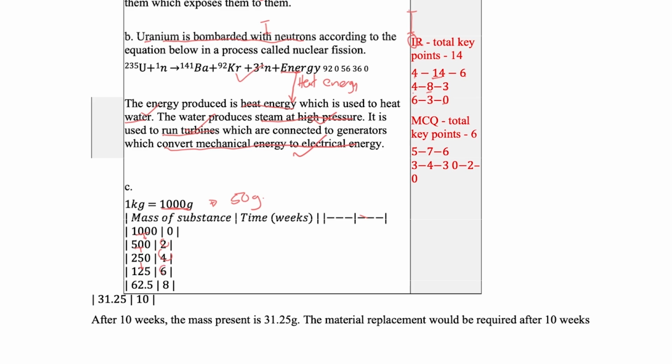And lastly, from 125 to 62.5 for another 2 weeks, that is 8 weeks. And finally, from 62.5, half of it is 31.25, that is another 2 weeks to make 10 weeks.